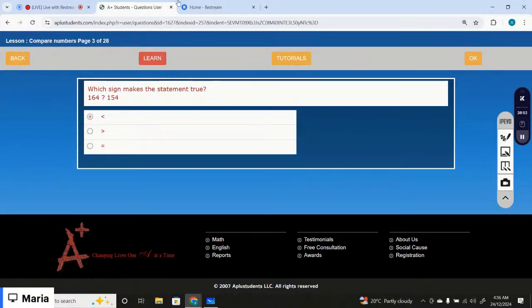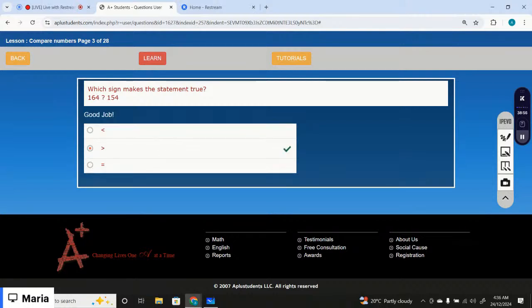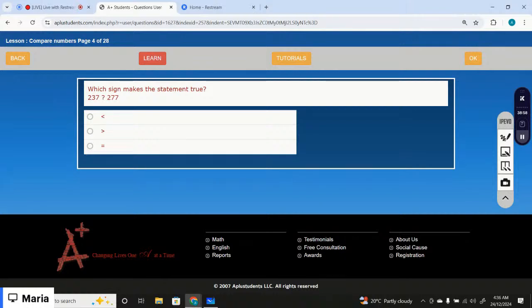164 is greater than 154, greater it is. Which sign makes the statement true?